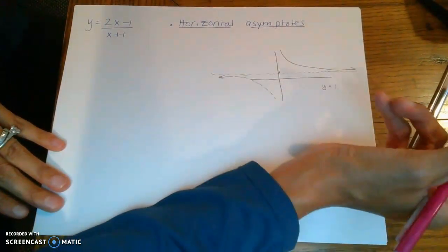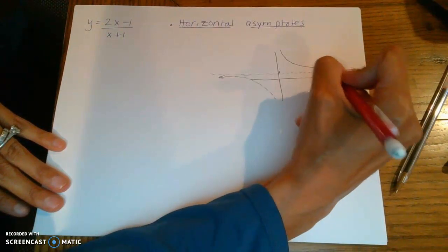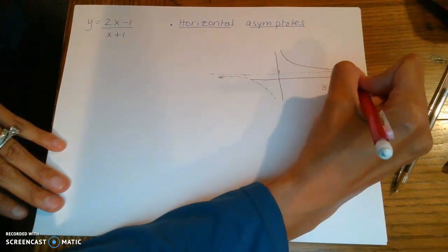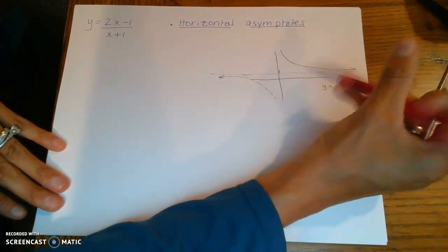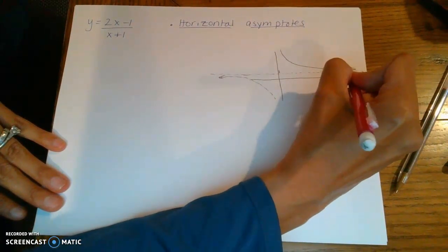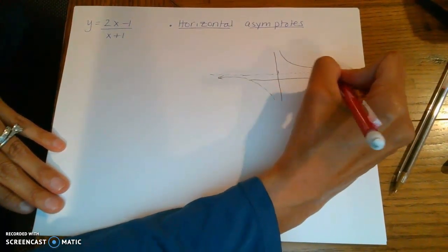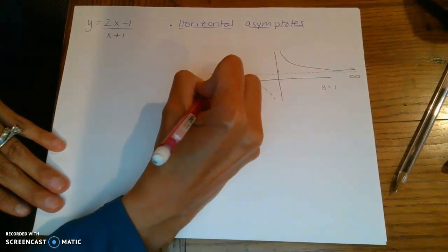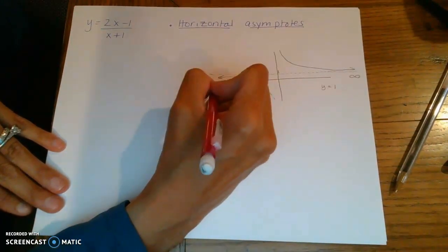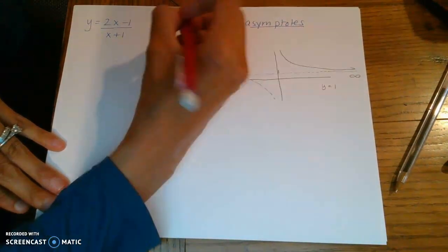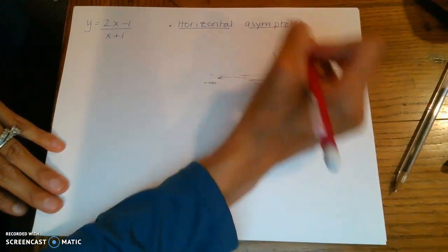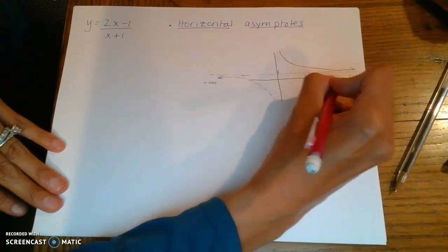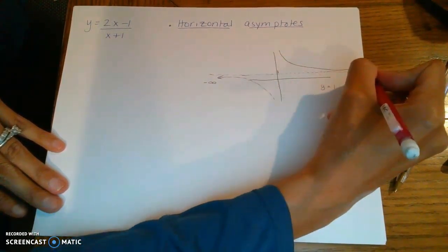So what is being seen is that as the graph goes all the way to the right, or another way to say that is positive infinity, it approaches a certain y value, or as the graph goes to negative infinity, it goes to a certain y value. So horizontal asymptotes are found as we study the graph as it approaches infinity.